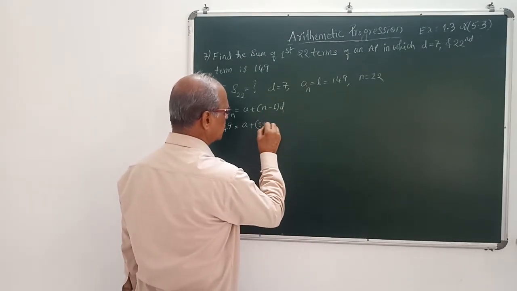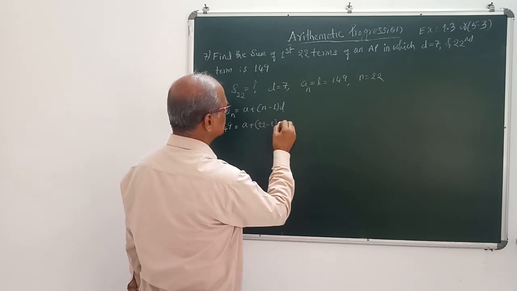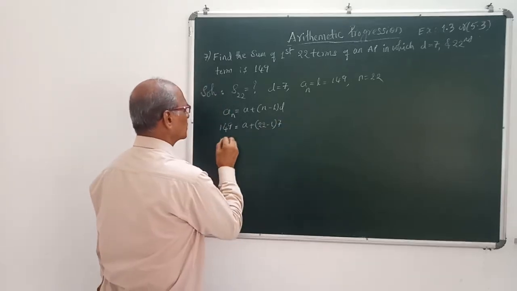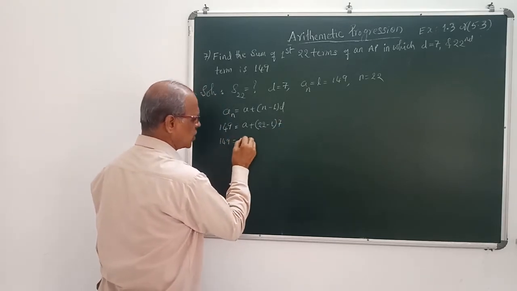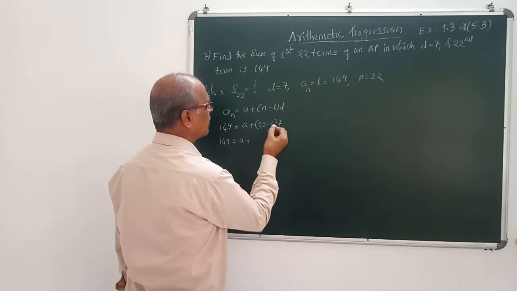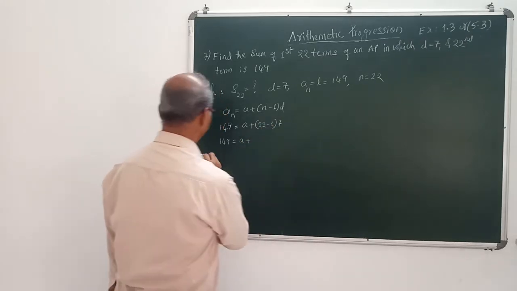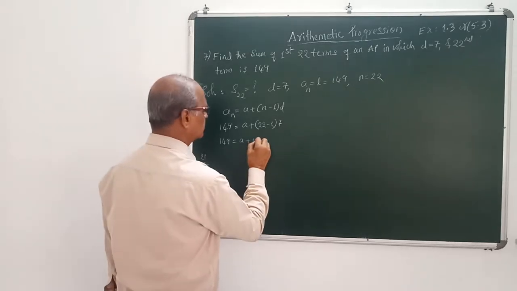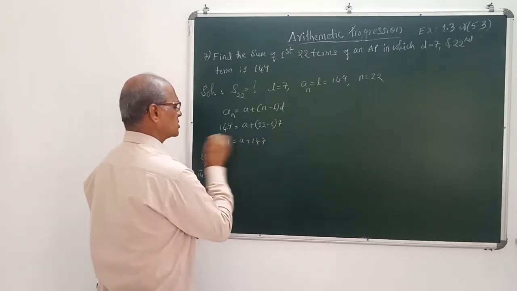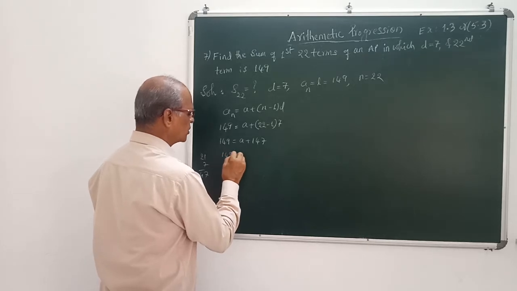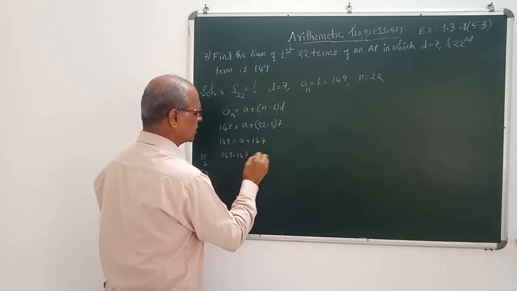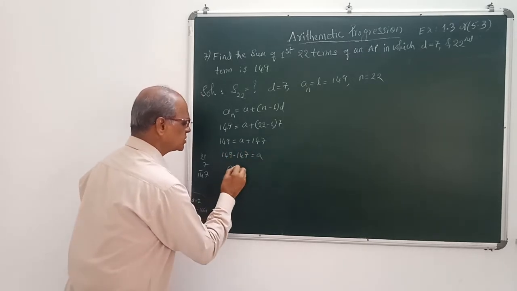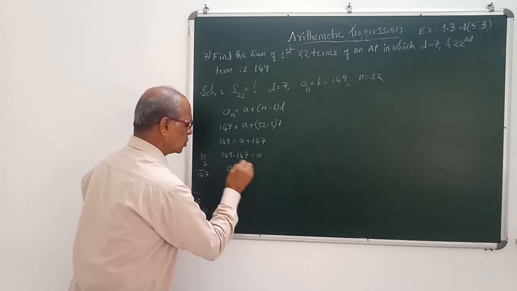So here it is 22 minus 1, D is 7. 149 is equal to A plus 21 into 7, 147. Right. Send this side. 149 minus 147 is your A. That means A is equal to 2.